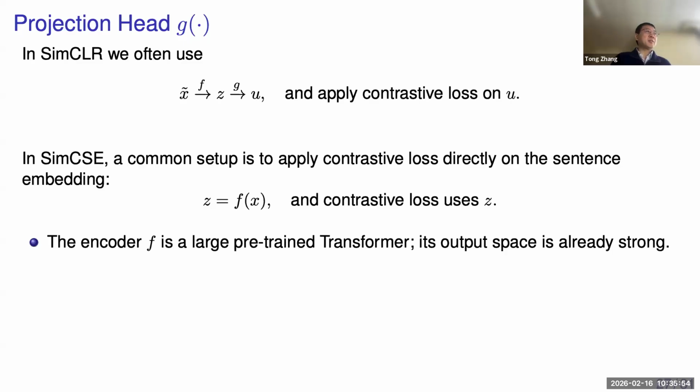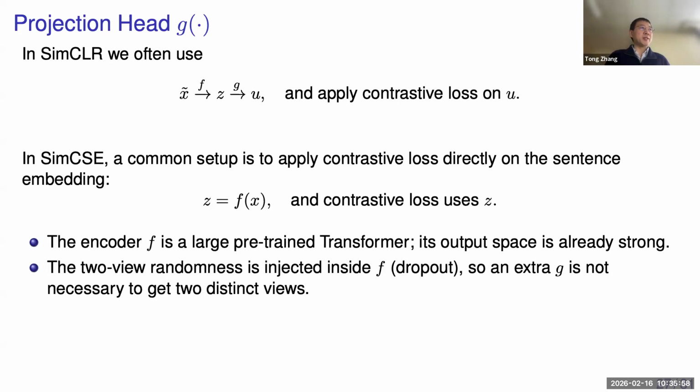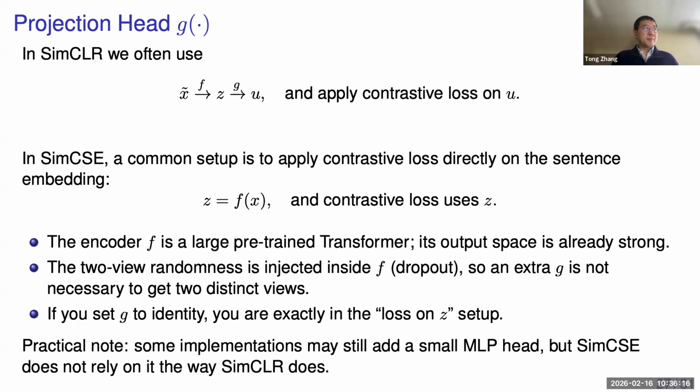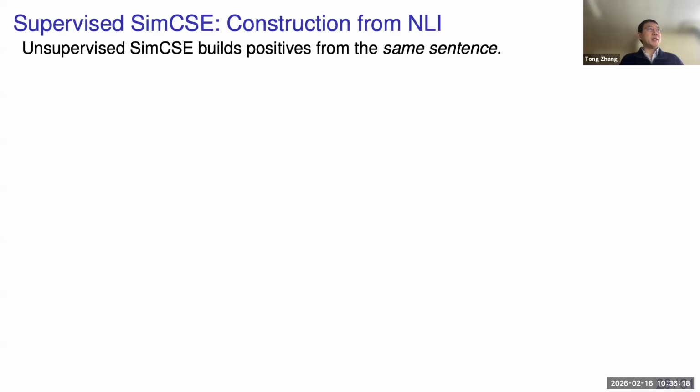The encoder is a large pre-trained transformer, so it's also strong. So you probably don't need that once you have that. But if you want, you could also add it. That's another difference.